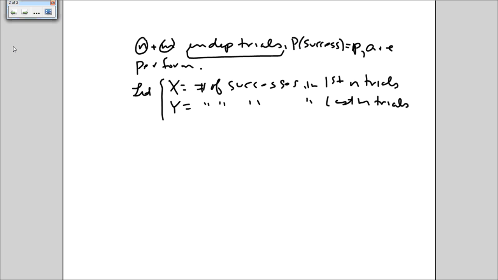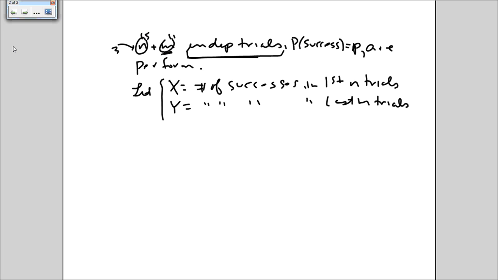For example, let N be 15 and M be 11. If in the first 15 trials you have some number of successes, it can't tell me any new information about the number of successes in the last M. It can be anywhere between 0 and 11.